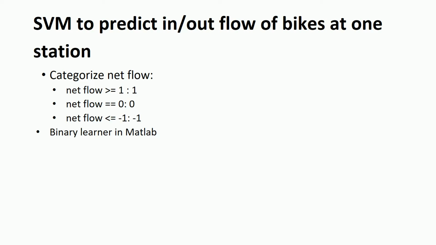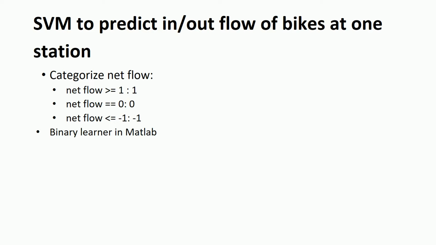In the third part, we use SVM, the support vector machine, to predict inflow or outflow of bikes at one station. Instead of predicting the number of flows, we try to predict if the station has an inflow, outflow, or a balanced flow during a time interval.